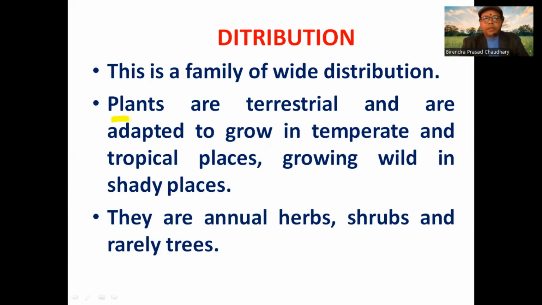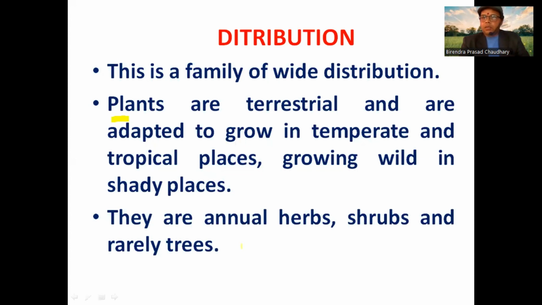And are adapted to grow in temperate and tropical places, growing wild in shady places. Generally, these are found in shady places. And they are annual herbs, shrubs, and rarely trees. Means these are found in the form of annual plants, and in fewer species they are in the form of trees too.